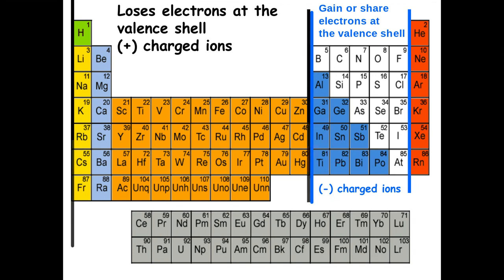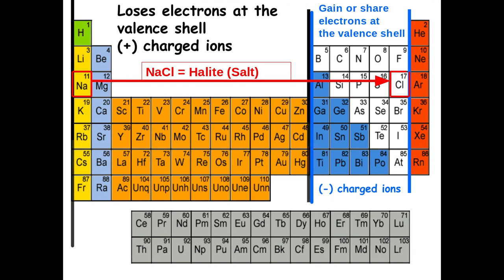And when we gain or share electrons on the valence shell of non-metals, we call those anions. So really, in mineral chemistry, minerals are a combination of cations and anions. Cations are positive, anions are negative.